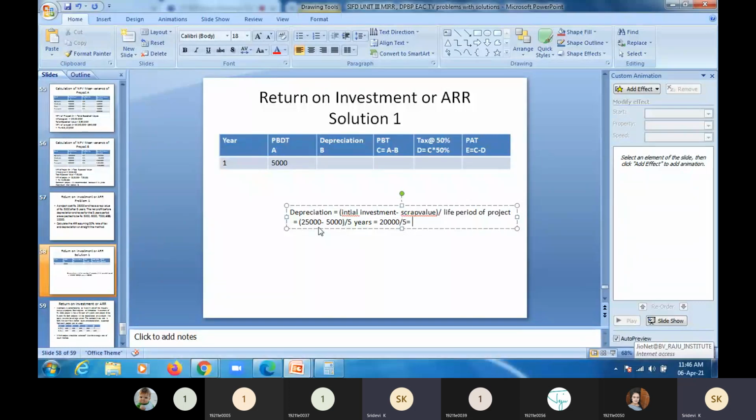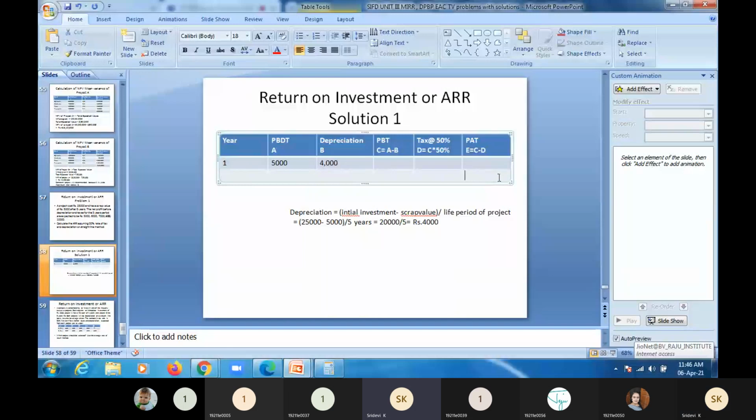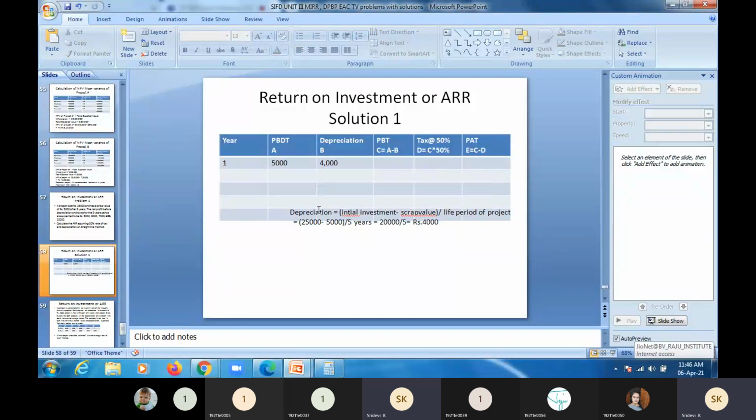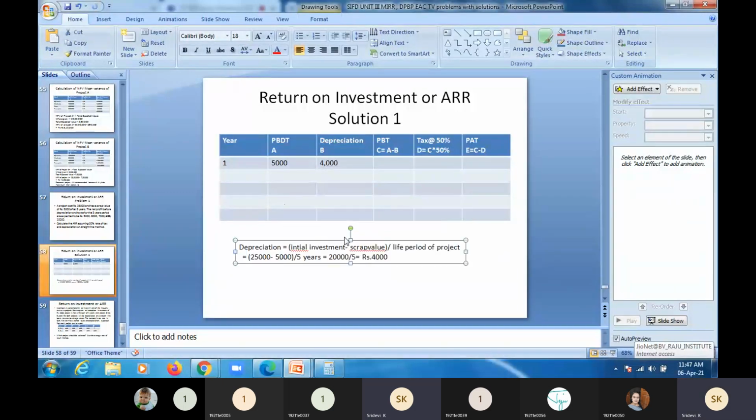That will give you rupees 4,000. So 4,000 is the depreciation for all the years. Straight line method, no? So every year it will be the same value, 4,000. Okay, so that value you have to take for all the years.